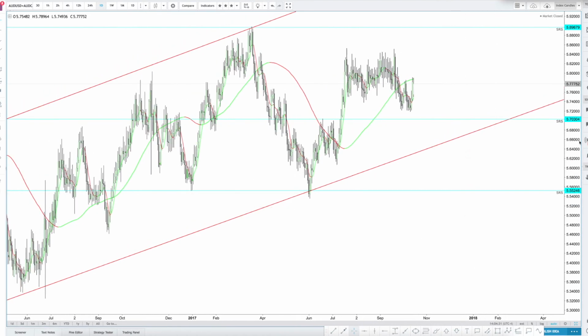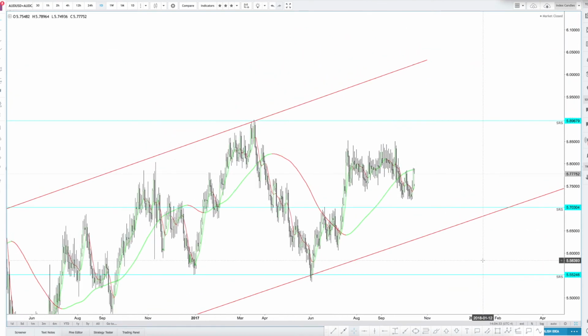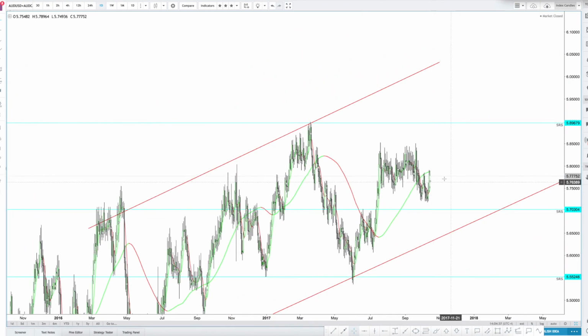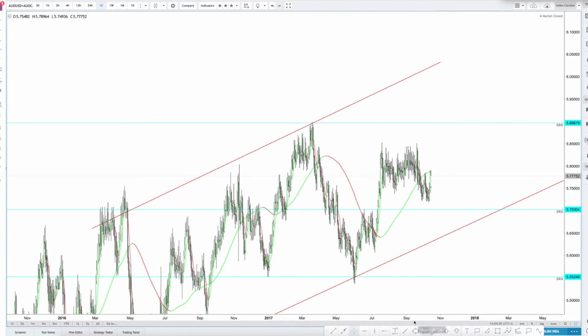And let's see. Really thick zone right here. It's like so much action that didn't really move the market anywhere, but a lot of stock traders in here.